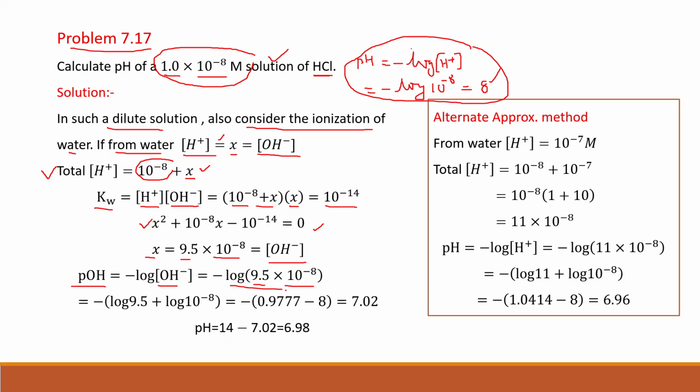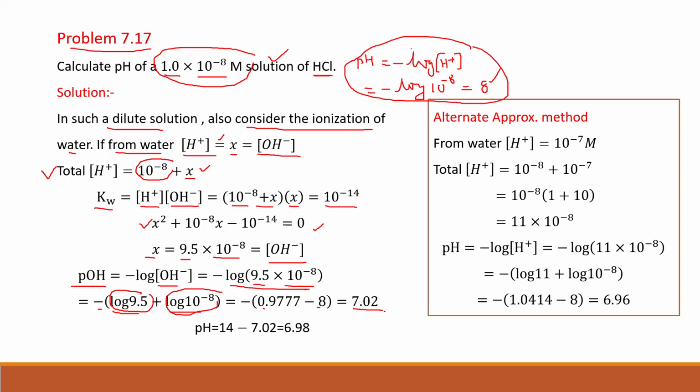If we solve this, we can write minus in bracket log 9.5 plus log 10^-8. With the help of the logarithm table, log 9.5 is equal to 0.9777, and if we solve this one, we will get minus 8, and if we round it off, we get 7.02.